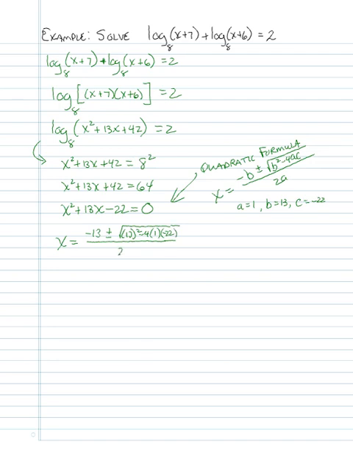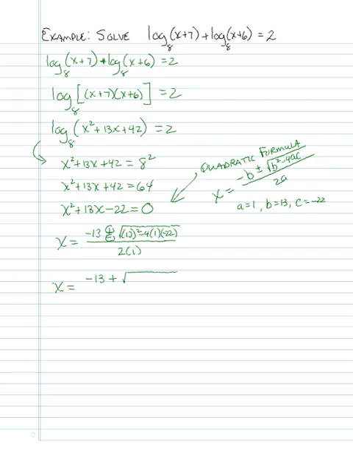All divided by 2 times a. Now, let's be clear about what this is. There are actually two solutions wrapped up in this. One when we use the plus, the other when we use the minus. So one of the proposed solutions is negative 13 plus the square root of.